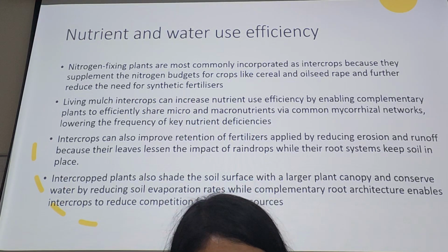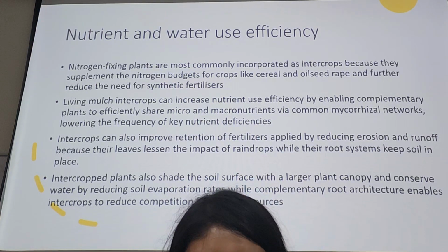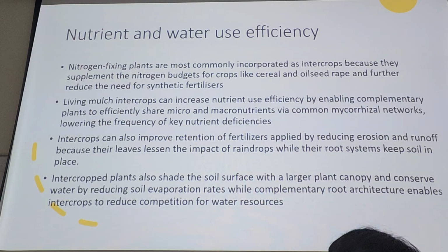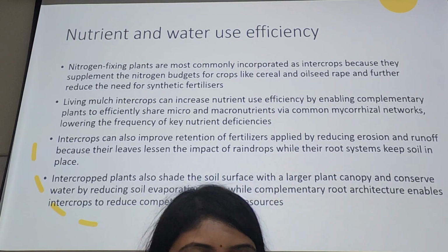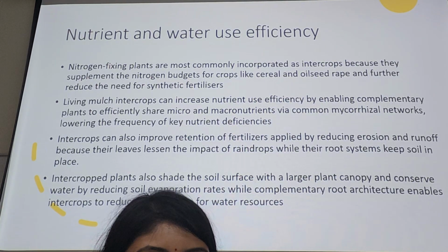Leguminous intercrops can increase the nutrient use efficiency by enabling complementary plants to efficiently share micro and macronutrients via the mycorrhizal networks, and lowering the frequency of key nutrient deficiencies.